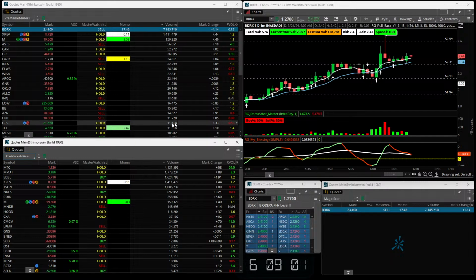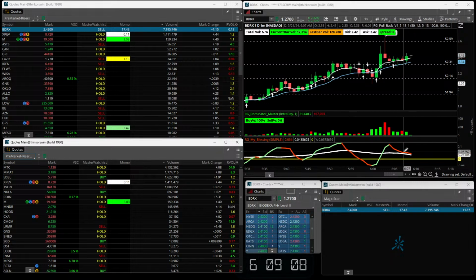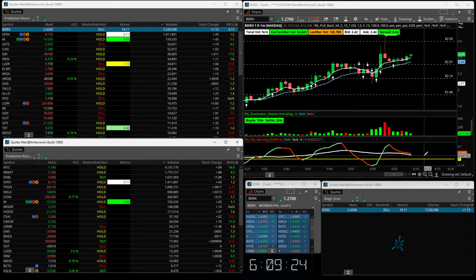Volume has increased. Not looking good on this indicator. Still slightly pulling back. Slowly crawling back up to the top.